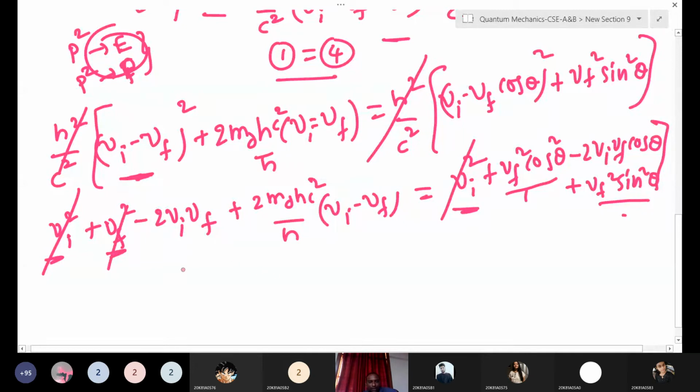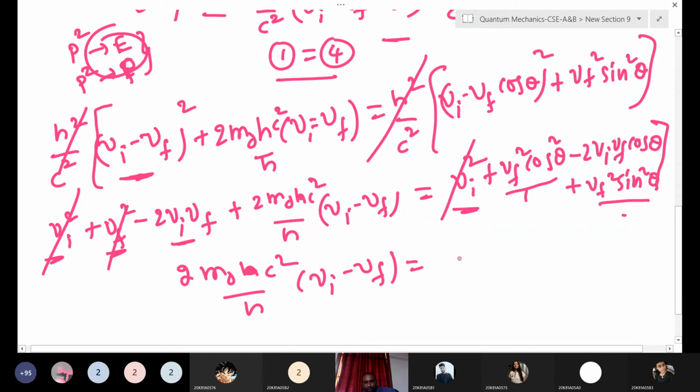So what do we have here? 2 m naught h c square by h, so m naught c square, this h is not there, right? So m naught c square by h times (nu I minus nu f). I am bringing this term to the right hand side, this term also to the right hand side.